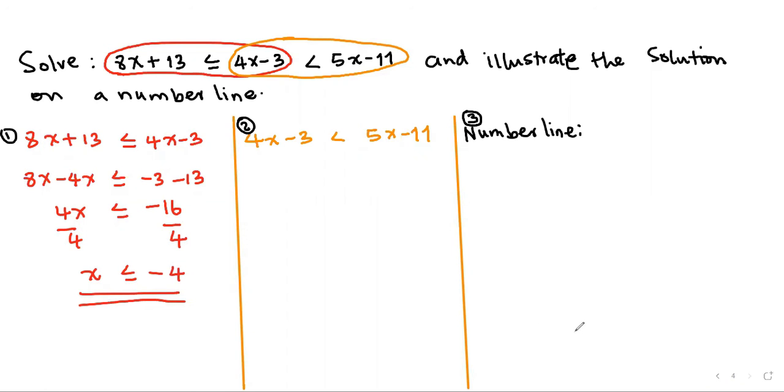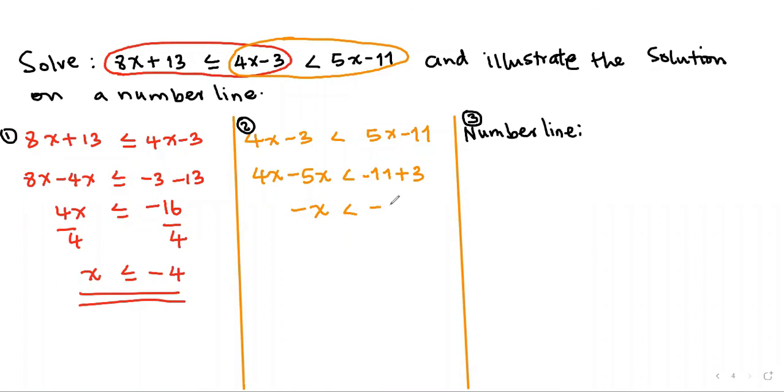Then we will have 4x in our step 2 minus 5x is less than 11 minus 11 plus 3. So 4x minus 5x, we will get minus x. It is less than, what do we get? Minus 11 plus 3.